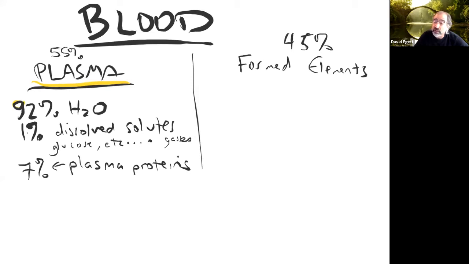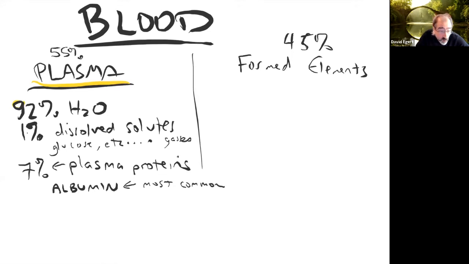Fibrinogen was sitting there waiting in the wings, waiting for the blood clotting to happen. There are so many different plasma proteins playing so many different roles. The most common of the plasma proteins is albumin. I think it's like 60% or something of the plasma proteins.